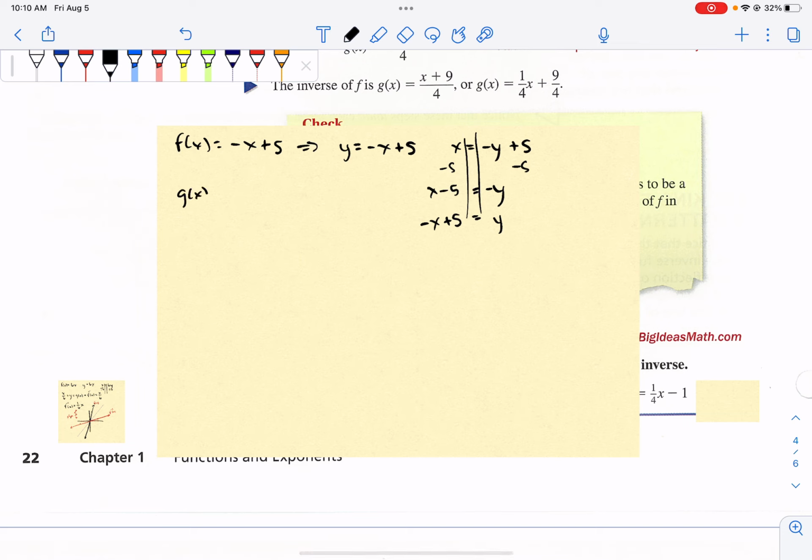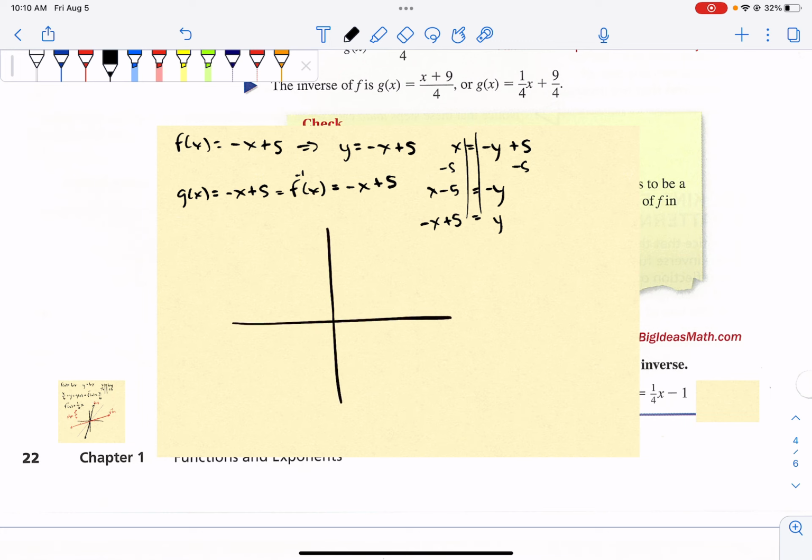So g of x equals negative x plus 5, but I would rather you use f inverse of x equals negative x plus 5. So let's graph these.